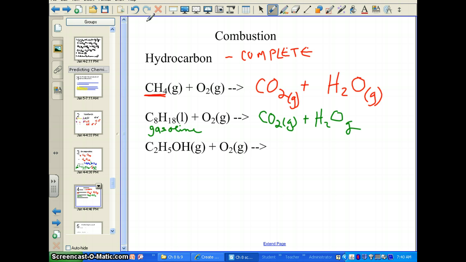Finally, ethanol. Some of the gasoline alternatives use ethanol. Ethanol combustion, again, same products, CO2 and water. The only difference in all of these is the challenge of balancing those. And I'm not going to leave those to balance now. You can do that on your own.